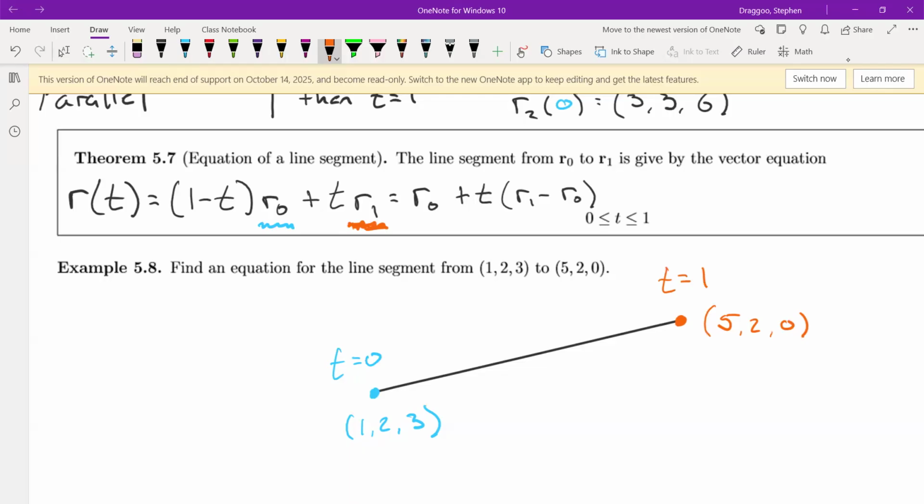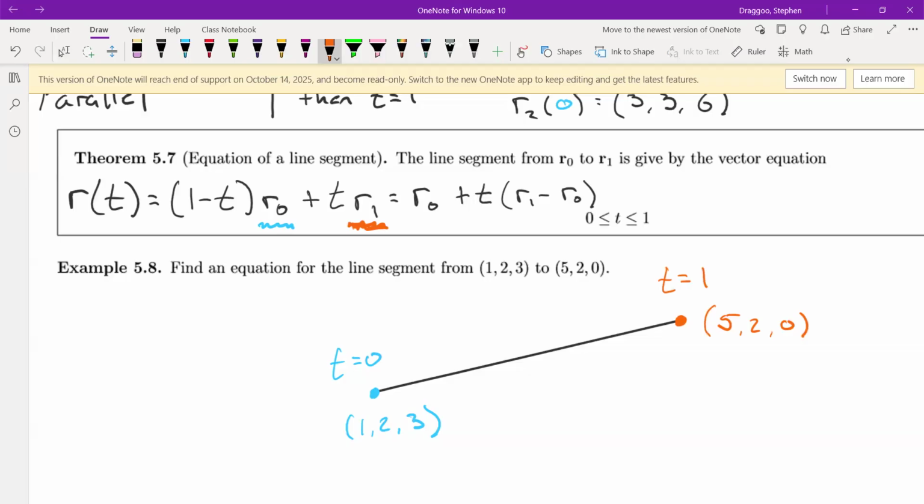So if t is equal to 0, my vector equation just returns r0, my blue point. And if I plug in 1 for t, now 1 minus 1, the blue term is 0, but 1 times r1, the orange term, is just r1.